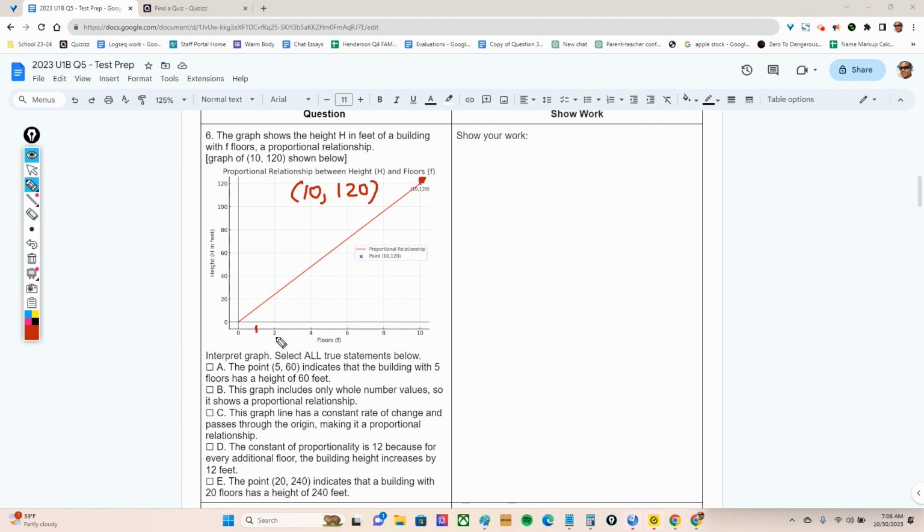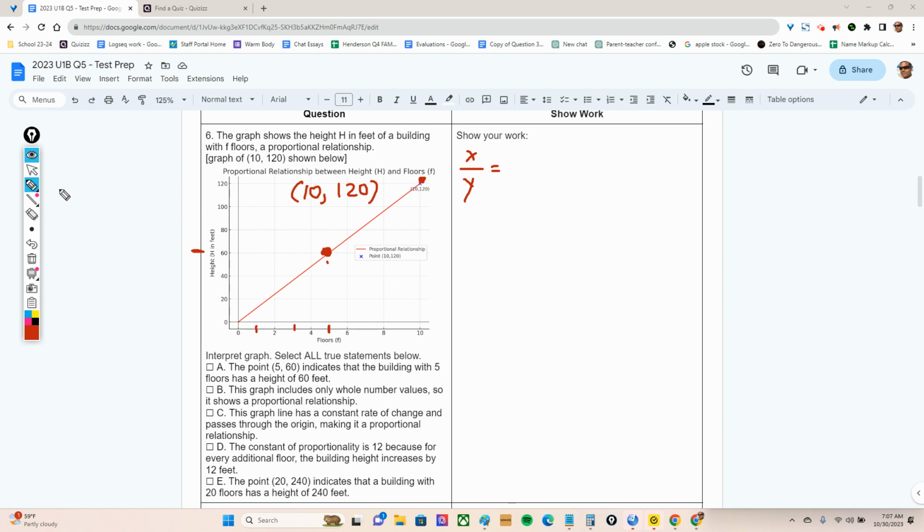So this must be 1, 2, this must be 3, 4, this must be 5, right here, okay? 5, 60, so if we go up to this line and mark it about here on the line and go across, it's at 60, okay? So we got X, Y, okay?